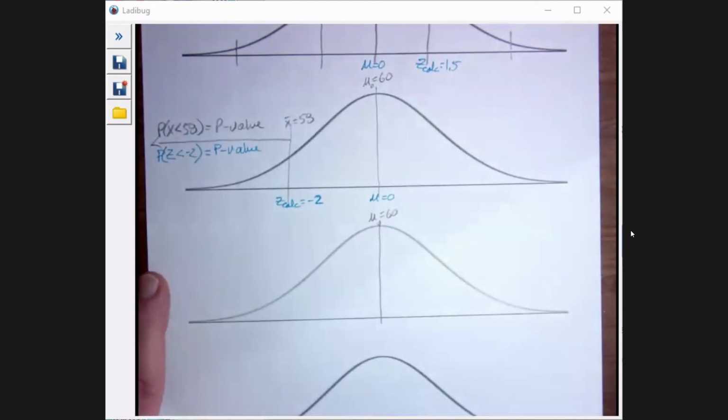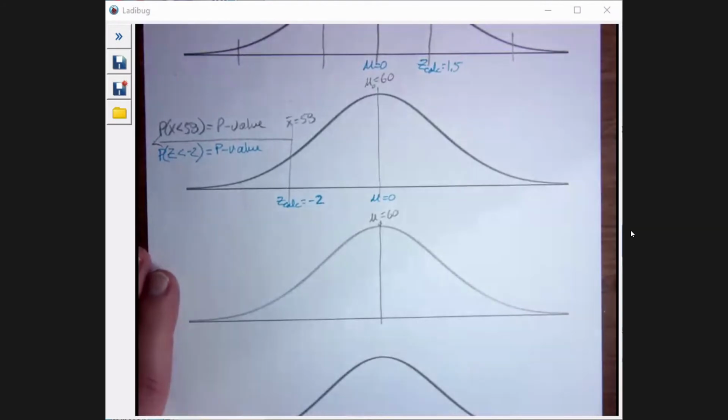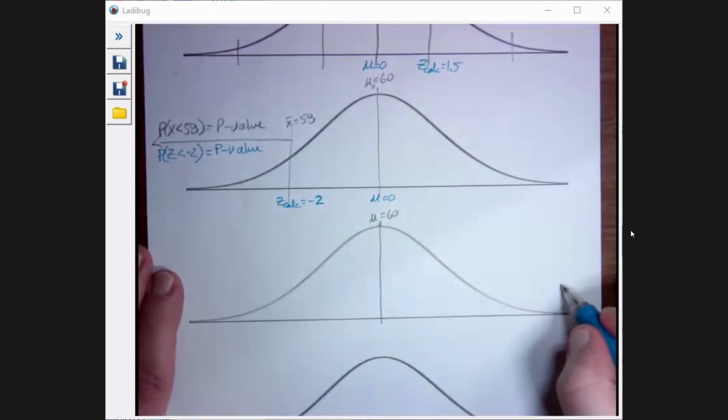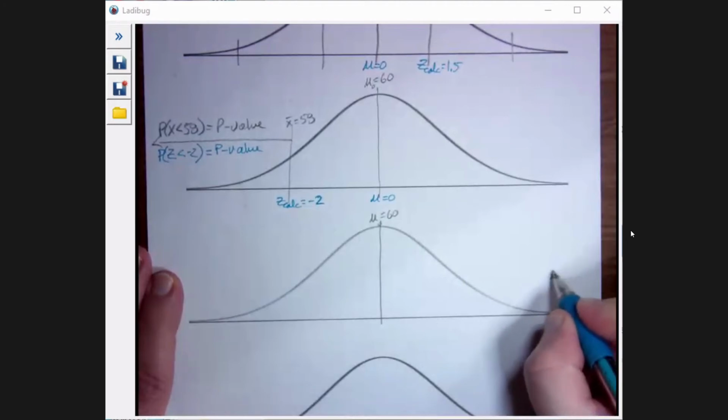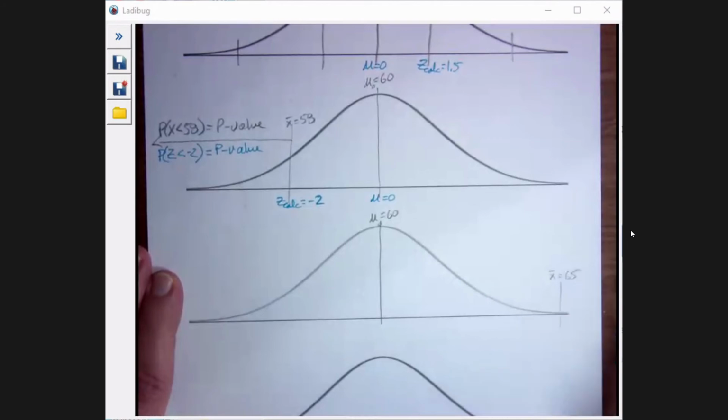This time it's a right-tailed test, and our sample value 65, we already know is pretty far away. It's almost 4 standard deviations away from the mean. Our X bar over here at 65 is pretty far away.